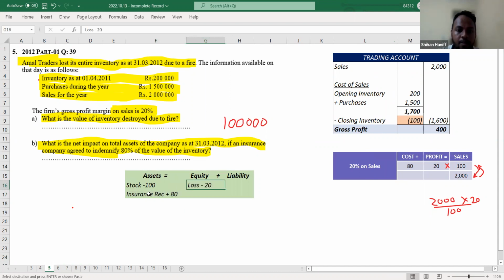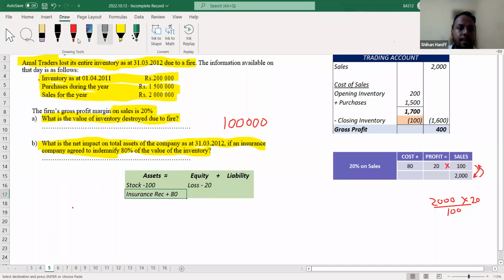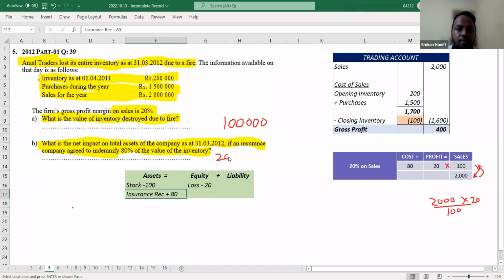So net impact for the asset is how much? Minus 100 and plus 80 means net impact for the asset is only 20,000. The loss of asset is only 20,000 because we are getting insurance of 80, even though the stock loss is 100.